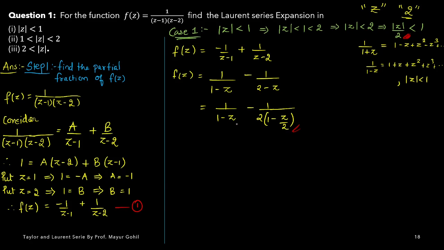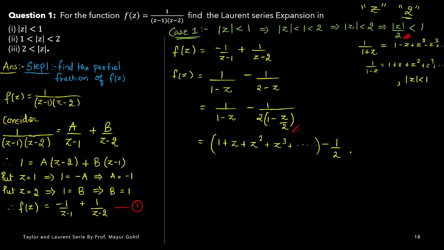Therefore, we are now in a position to write the expansion of both of the terms. So let us see how to expand them. The first can be written as 1 plus z plus z square plus z cube plus and so on. This can go on.